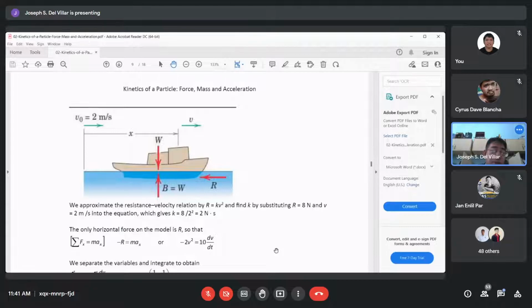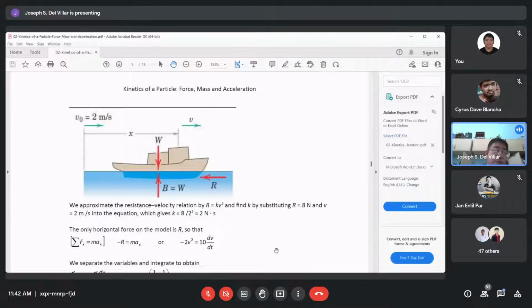So you can see here B is equal to W. Meaning to say, the buoyant force must be equal to the weight of the boat, not the fluid. The buoyant force is an upward vertical reaction offered by the sea.